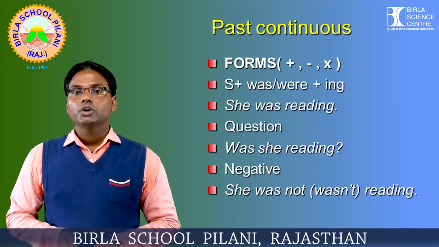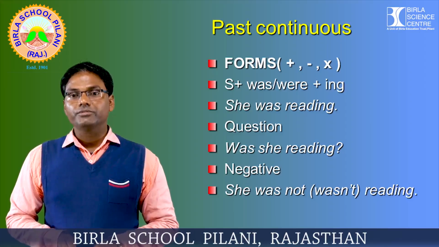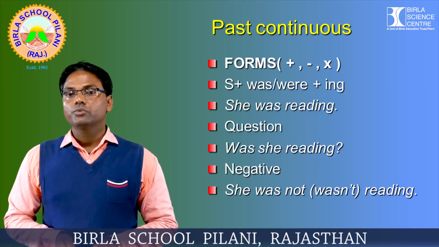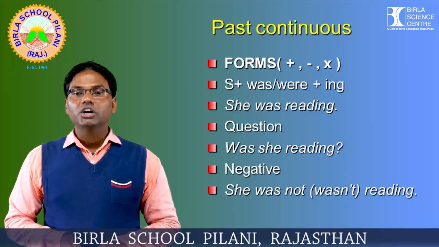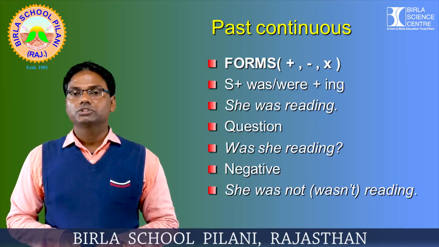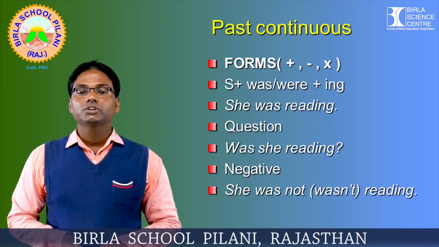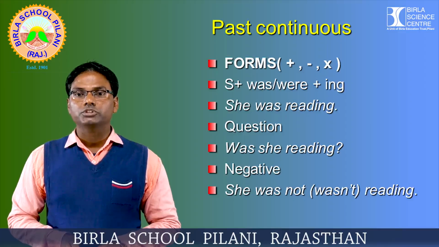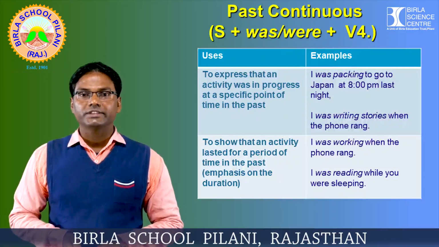So it is: was she reading? And for making its negative, not will come after was or were. She was not reading. She wasn't reading. Remember, was is used with third person singular number, that is he, she, it, or any name or any singular object. Let's know the uses of past continuous tense.